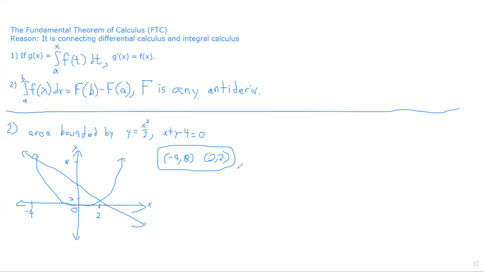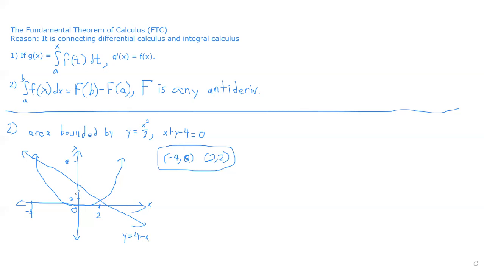So what we do now, applying this, it's pretty obvious from here that the part y equals 4 minus x, I'm going to write it down just so I don't forget, is constantly above y equals x squared over 2 from x equals -4 to 2.